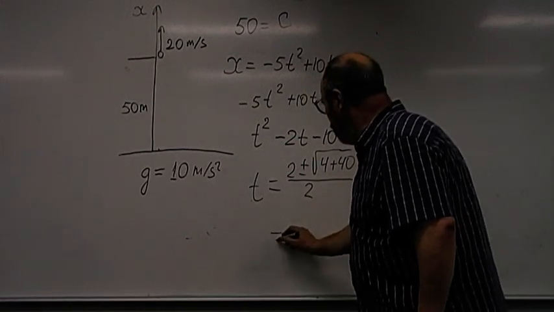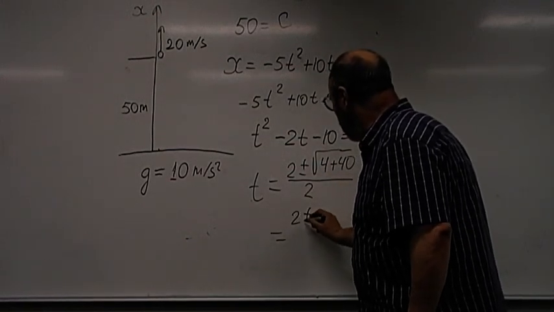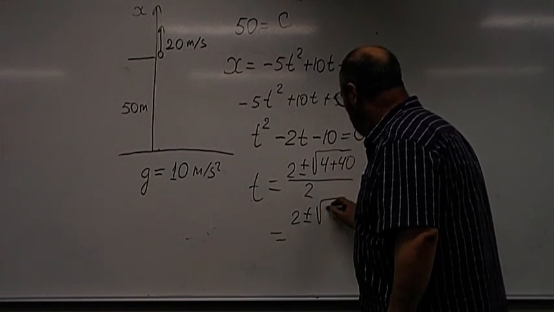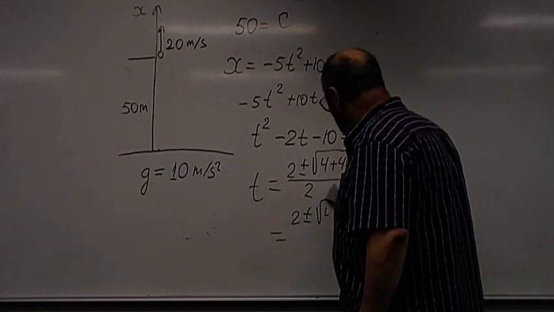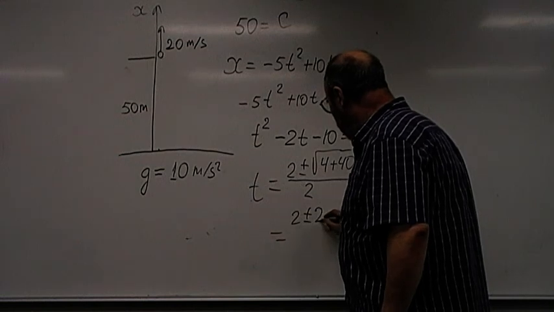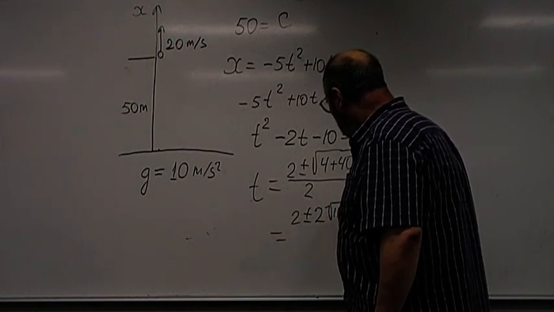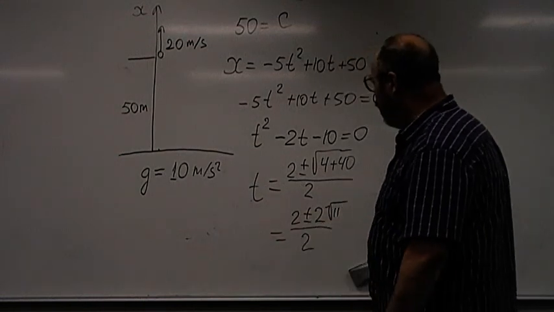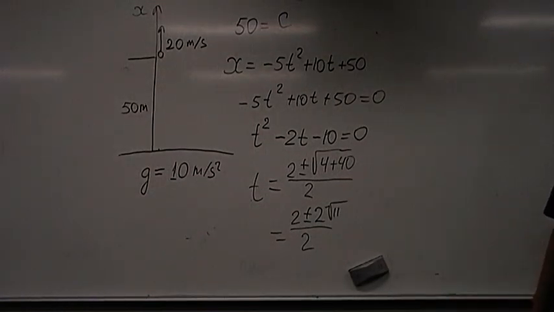That equals 2 plus or minus the square root of 56 over 2, which is 2 plus or minus 2 root 14 over 2. Which solution do we need to keep, and which one do we need to reject?